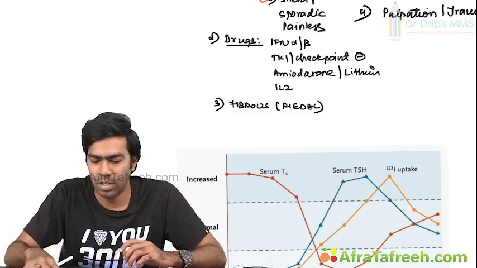Clear? So the radioactive iodine uptake is going to be variable in various phases of the disease. At the same time, it depends on the type of disease you are going to encounter, which we'll discuss in the classification you're going to see in the later part of the video. But there is something called a triphasic course, which is explained by the majority of textbooks.